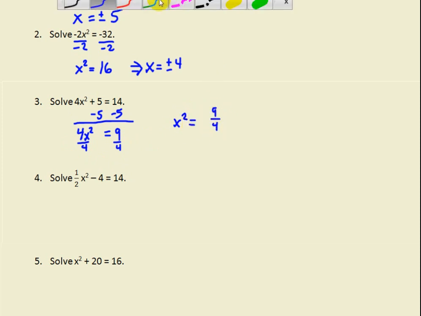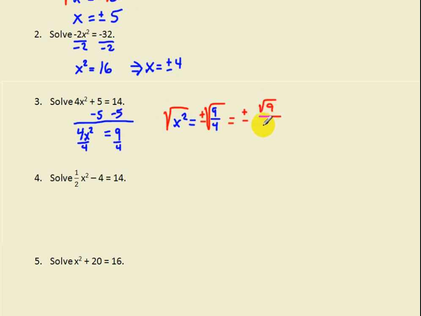And then of course we'll take the square root of each side, and remember that if you have the square root of a fraction, you can apply that square root individually to the numerator and then to the denominator. So we have the square root of 9 over the square root of 4, and so this means we get x equals plus or minus 3 over 2.